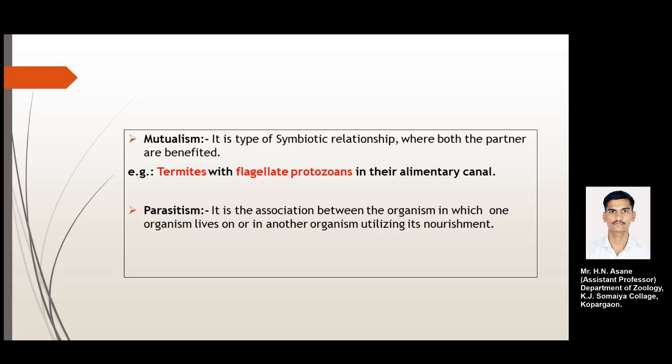Okay, and the next terminology is parasitism. It is the association between organisms in which one organism lives on the other organism and utilizes nourishment from it. A parasite is an organism which establishes a close and intimate physiological relationship with another organism, usually bigger and stronger than itself, called the host.